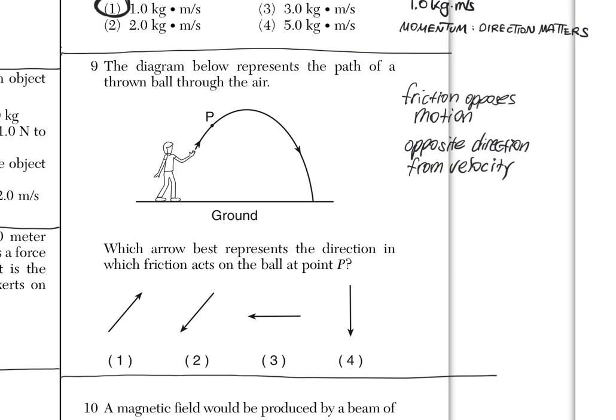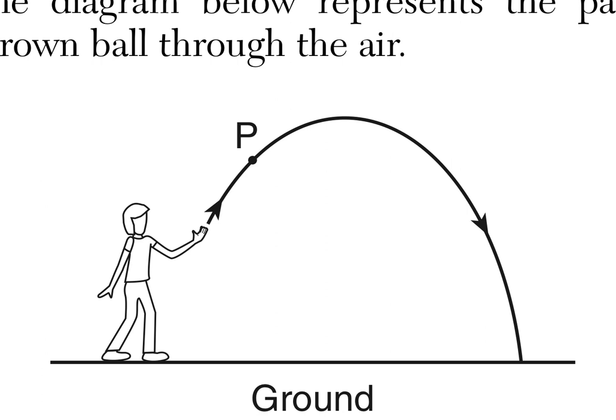So it's like, okay, fine, but which way is the velocity? Well, this is kind of like a projectile at point P. At point P, the direction of the velocity is straight forwards.